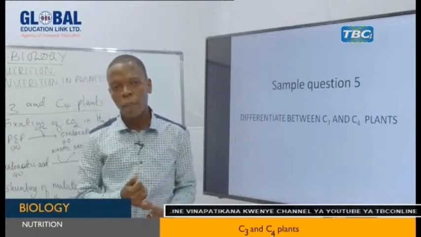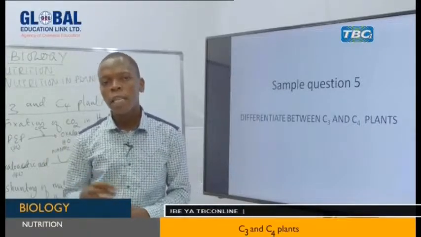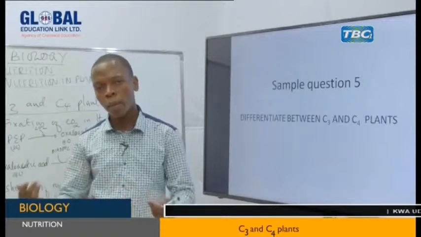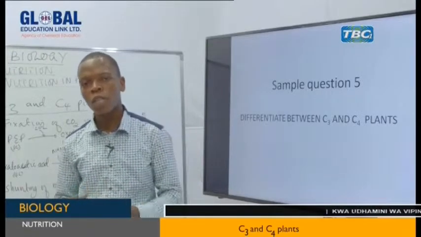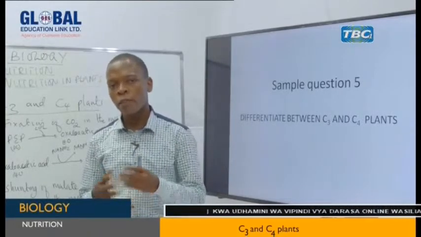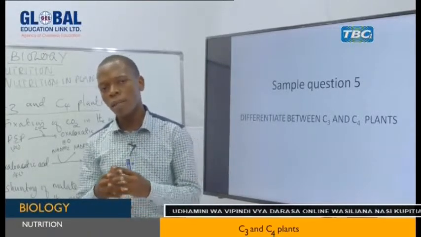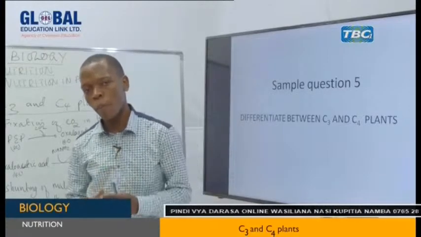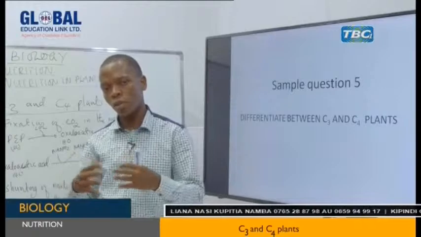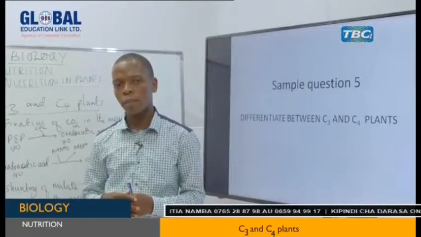In C3 plants there is only one type of chloroplast, but for C4 plants there are 2 types of chloroplasts. There are so many criteria. Again, you may use the fixation of carbon dioxide. In C3 plants, fixation of carbon dioxide occurs once, but in C4 plants it occurs twice, because there are 2 types of chloroplasts.